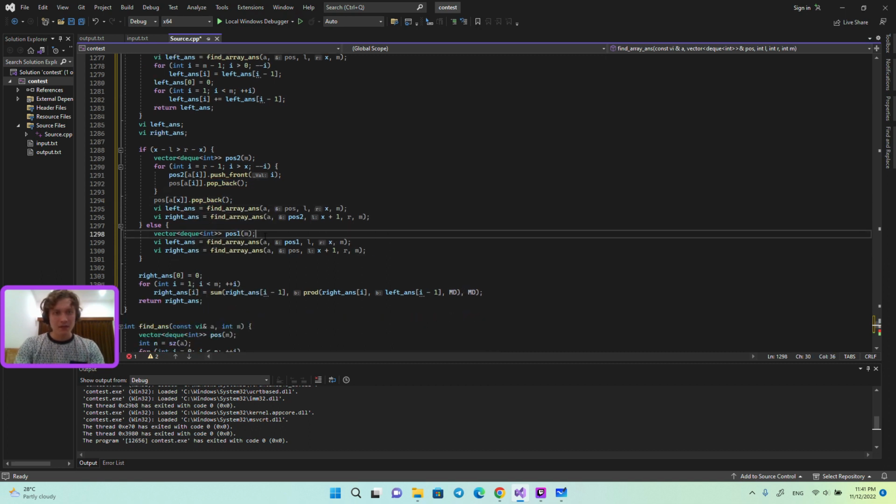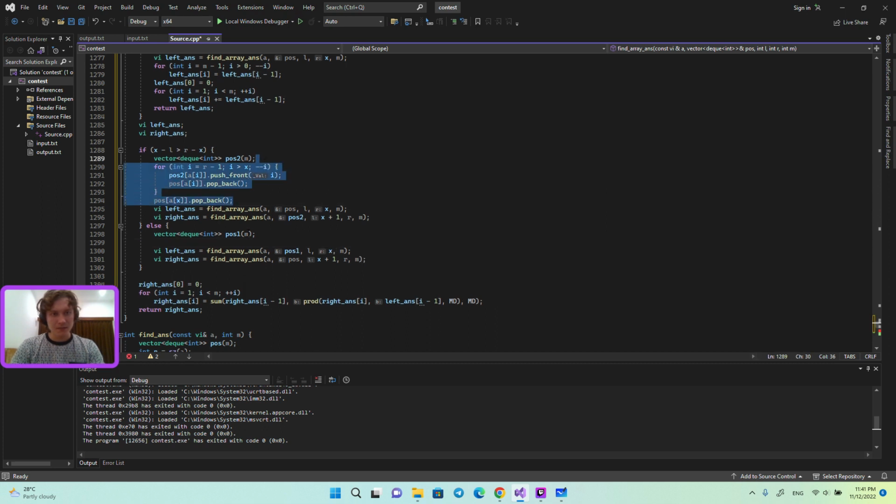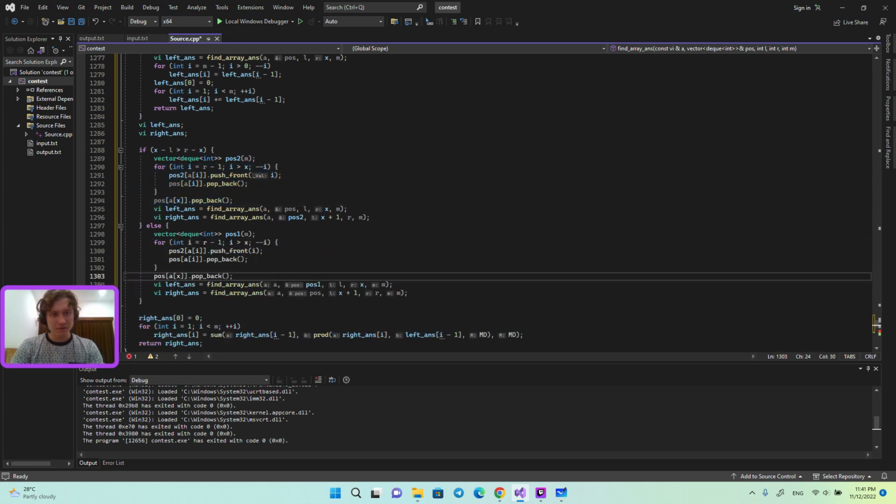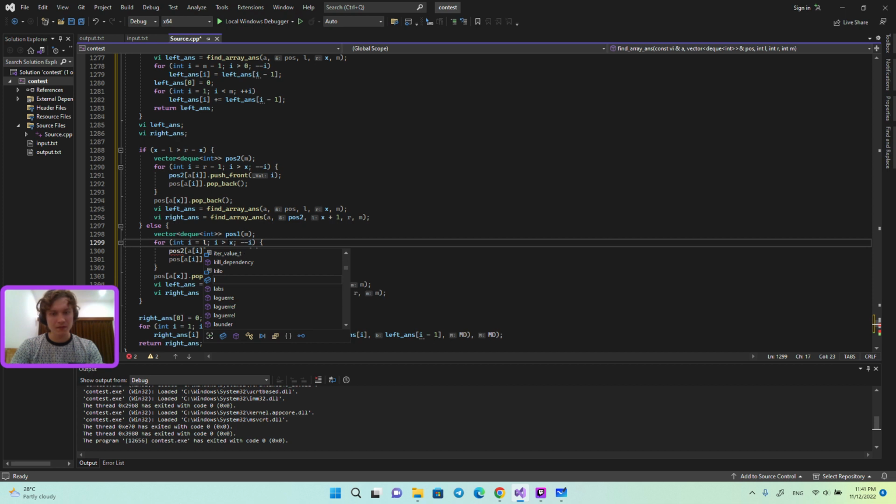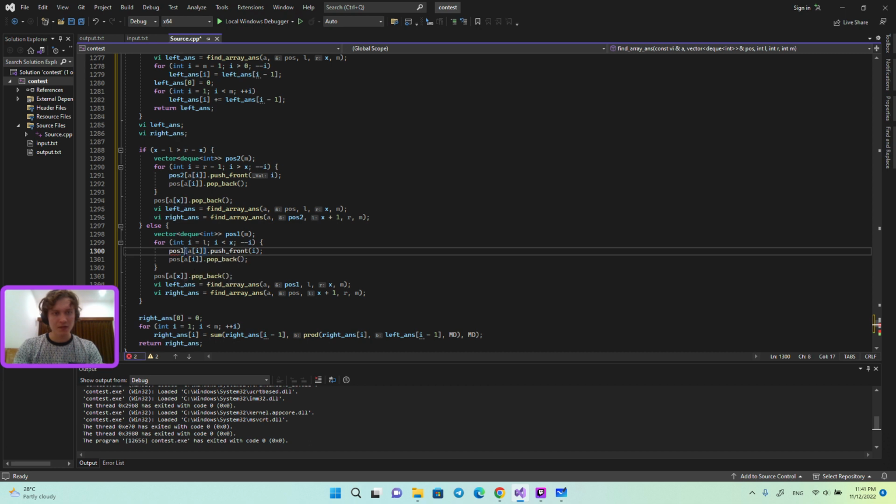And here I do the same thing, but I'm going from left to the right. So pos 1 gets pushback of I, and pos gets pop front.